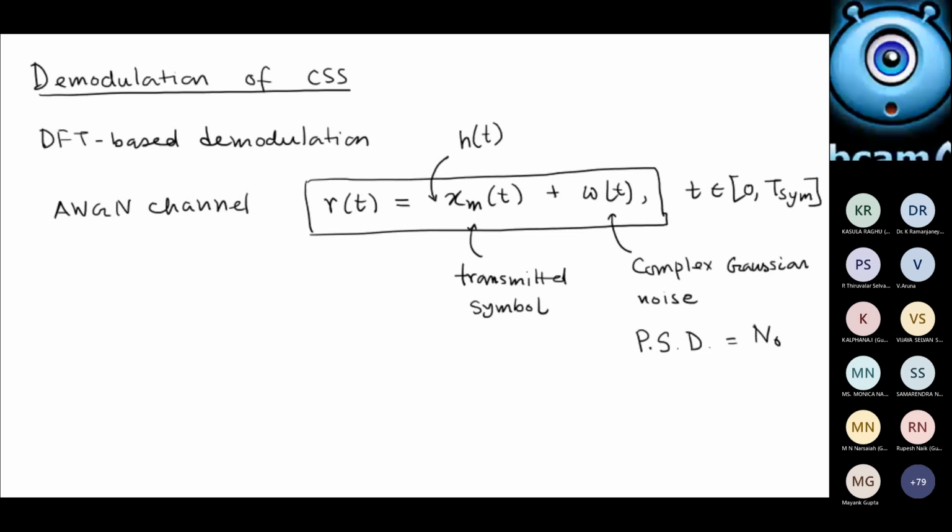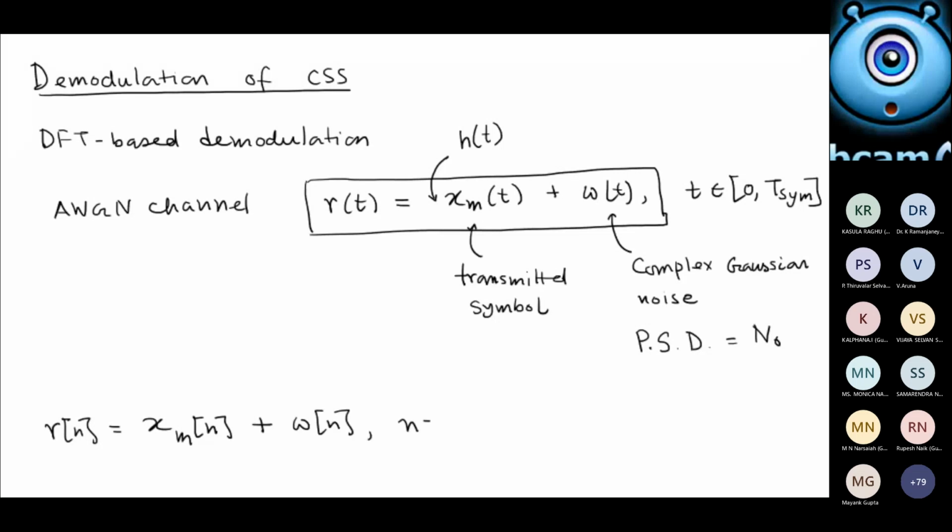Now, once we receive this signal, the next step is to sample it. So if we sample the signal r of t with the sampling duration 1 by BW, sampling frequency equal to BW as discussed before, then we obtain r of n, the sample values of the received signal, as the sampled values of the transmitted symbol plus the sampled values of the noise.